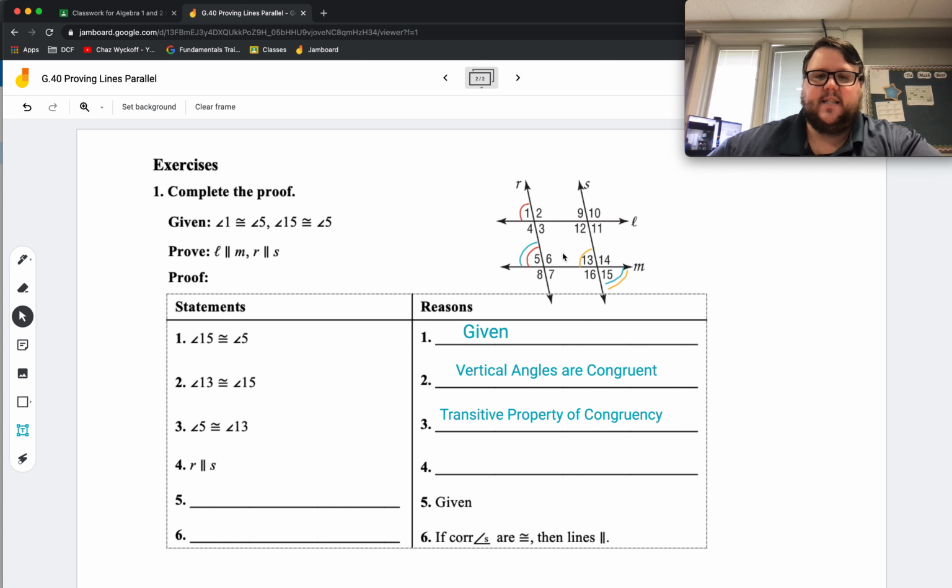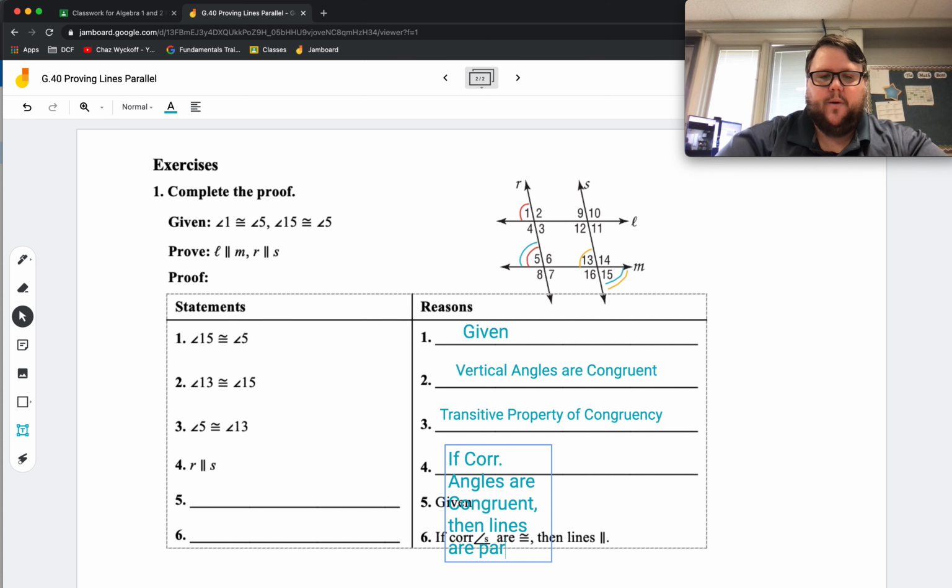So they're going to tell us that line R is parallel to line S. The reason we can say that is because if corresponding angles are congruent, then lines are parallel.